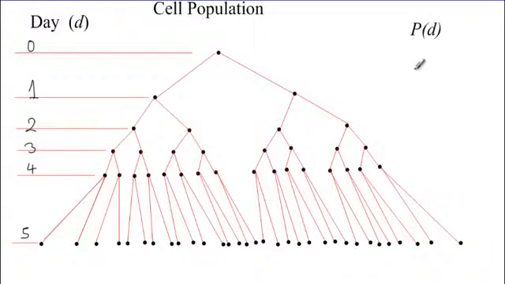Now if you look at the population per day, in this case we say P at 0, the population on the initial day, is 1. On the second day we see that the population is now 2.